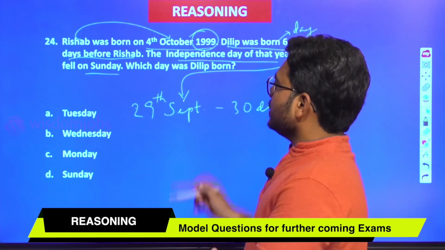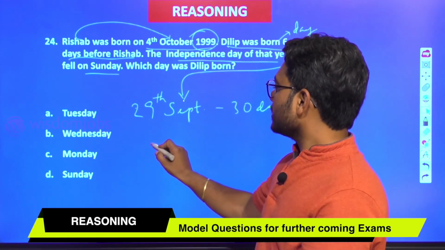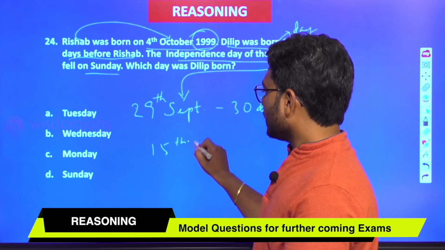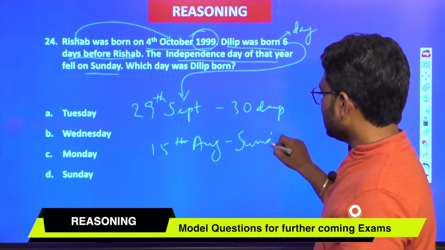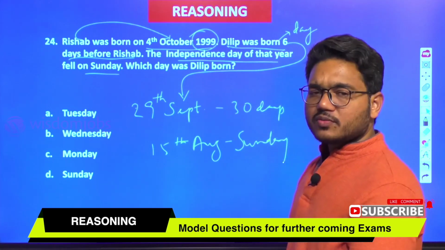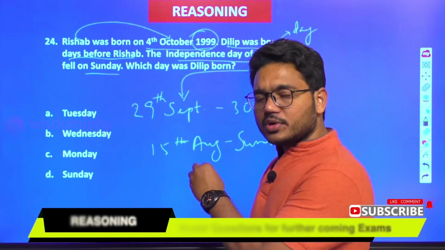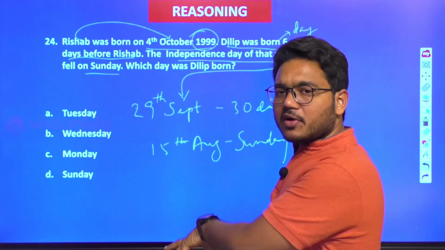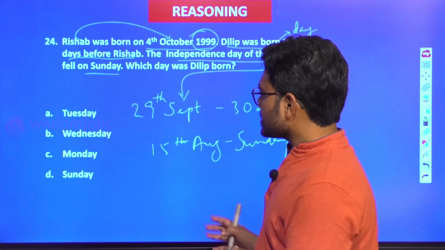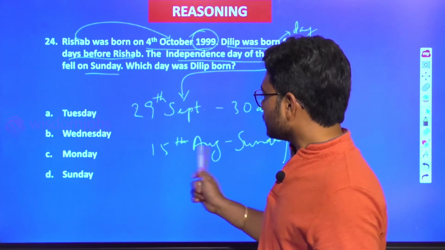So the further information given is that Independence Day, that is 15th August, is Sunday. It is given. So what is the easy approach? Immediately what must be striking in your mind? You need to think of how many days is the difference between these two.